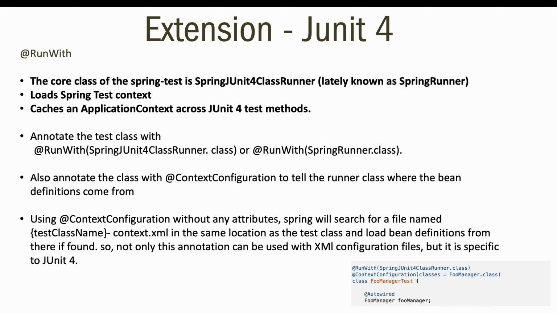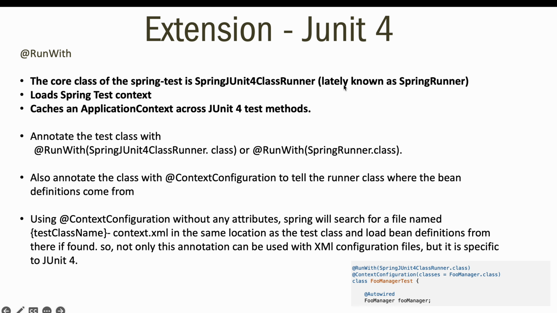So with JUnit 4, the way we deal with extension, we use an annotation @RunWith, and to this annotation you can give the SpringJUnit4ClassRunner class, which is now known as SpringRunner.